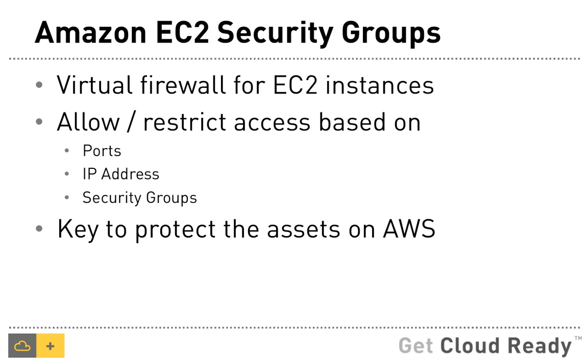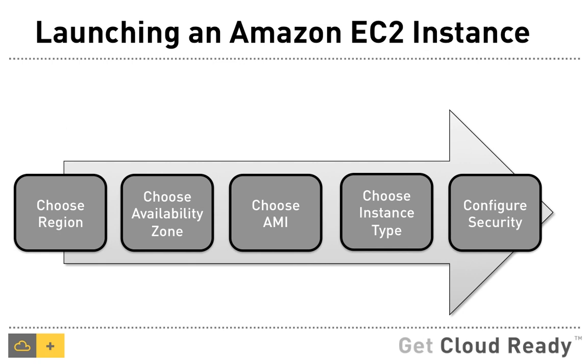These policies define who can access your servers and what services they can access. Configuring security groups and understanding how they work is very essential to protect the assets that you launch on AWS. So just to do a quick recap, when you are launching an Amazon EC2 instance, you start by choosing the right region, then you choose an availability zone, followed by choosing the right AMI and applying an instance type, and finally configuring the security.